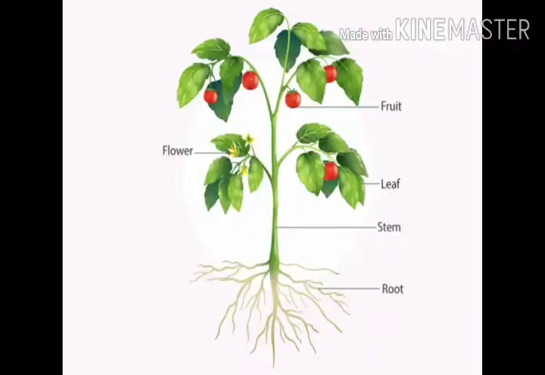There are some other plants that reproduce from different parts like roots, stems and leaves. These plants are able to grow without seeds. This is known as vegetative reproduction.